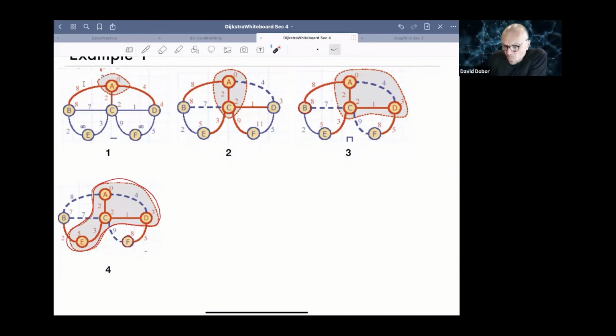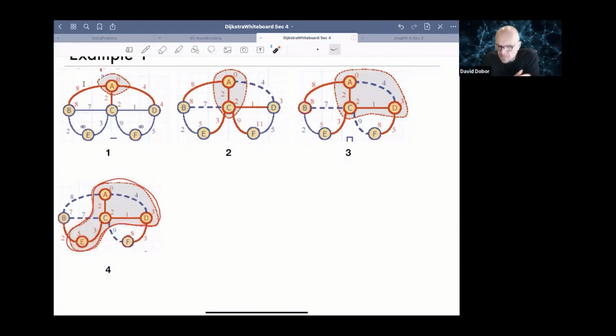When I eliminate these edges, I'm not considering those paths anymore. For example, there's no need to further consider this path because it has a cost of 9, and I already know a shorter way of getting to B. So this path will not be considered. But now notice what's happening. Once my cloud has consumed the vertex E, I have a new way of reaching B.